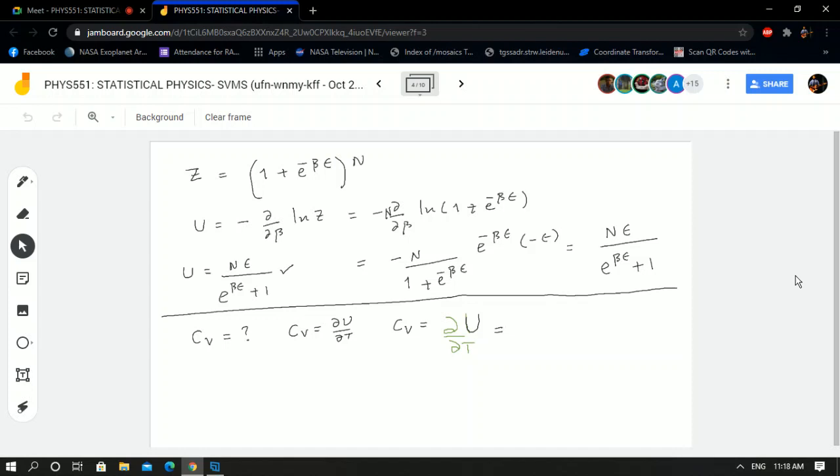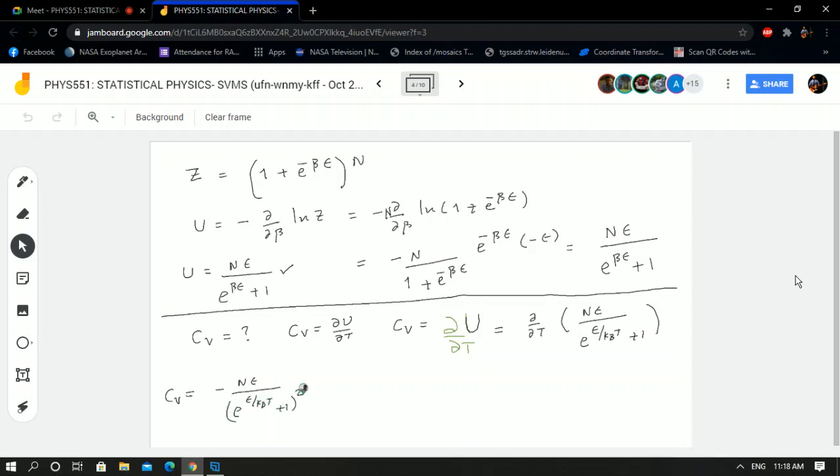That is, you have to write dou by dou t of n epsilon divided by e to the power epsilon by kbt plus 1. So this is something which we can write as minus n epsilon divided by e to the power epsilon by kbt plus 1 whole square.